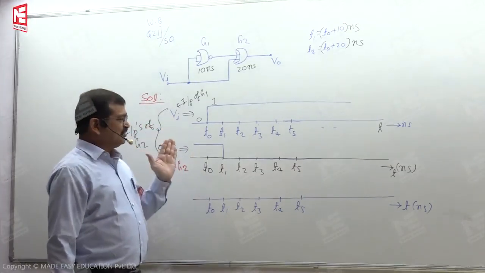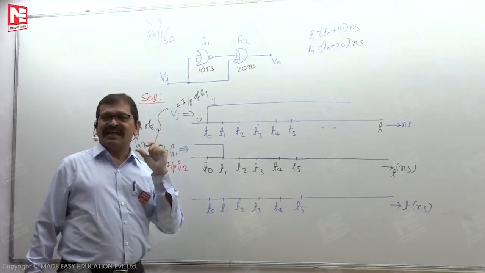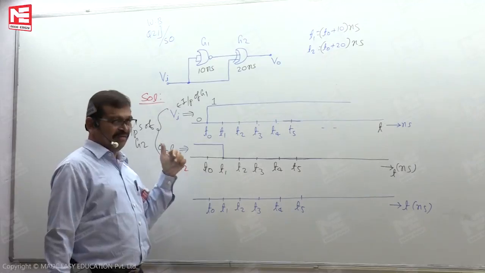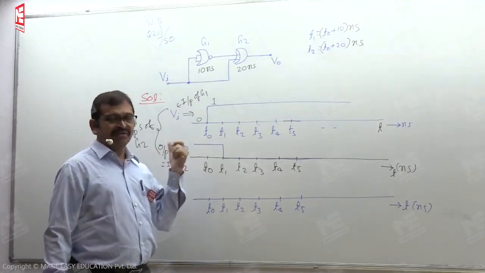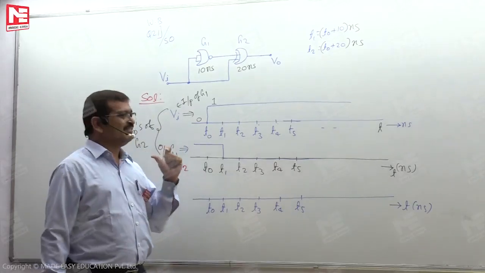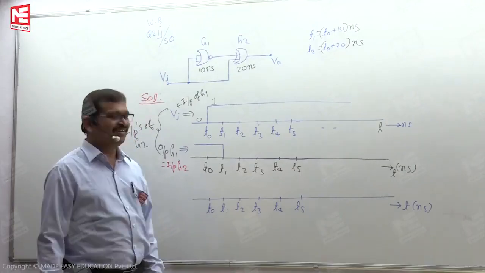Now, your attention while working here is, whenever there is a transition for an input signal, maybe any one of the inputs or maybe both, you need to keep attention. At that time, there is a possibility of a change in the output signal.